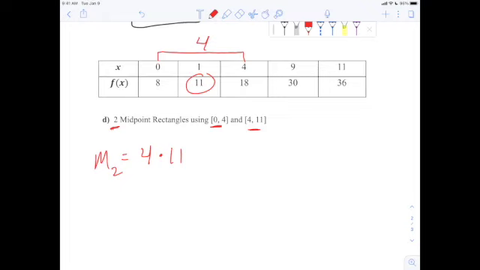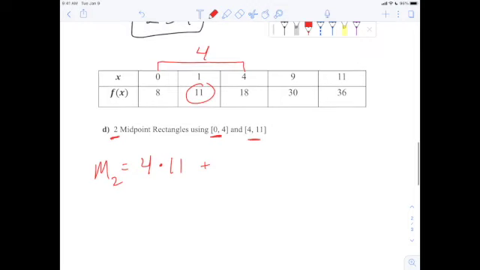Yeah, I would be a little more careful if I made this problem up in the future, or the AP certainly would. But I figured I'd just tack it on to this problem I was already doing. And this second rectangle has a width of 7, and I won't be using the left or the right. I'd be using the middle y value. And again, this is not quite correct, because 9 is not the middle x value between 4 and 11.